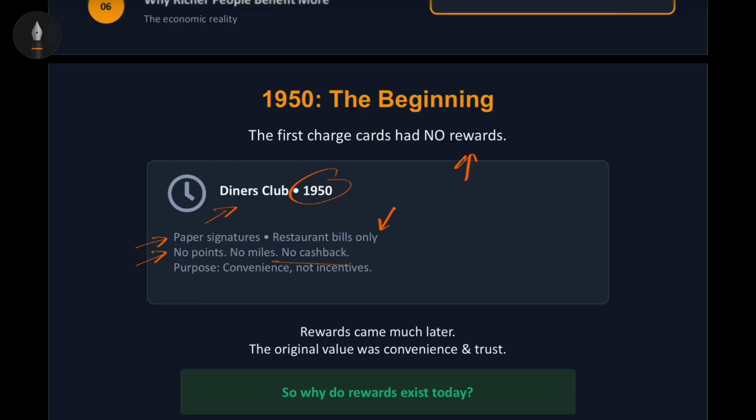The core purpose for its creation was convenience and never the incentives, right? So rewards were added much later. The original value for that particular charge card, or maybe the core ancestor of the credit card, was actually convenience and trust, and it was never ever about rewards.